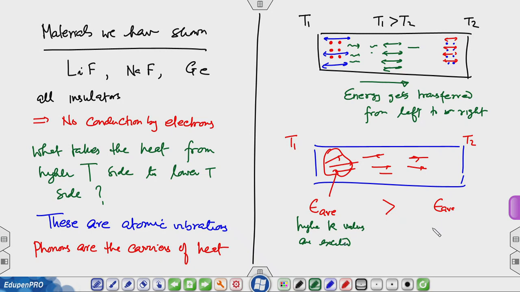Here lower K values are excited. And therefore, on the left hand side, V is larger, V is smaller, and therefore, these phonons start going from left to right.